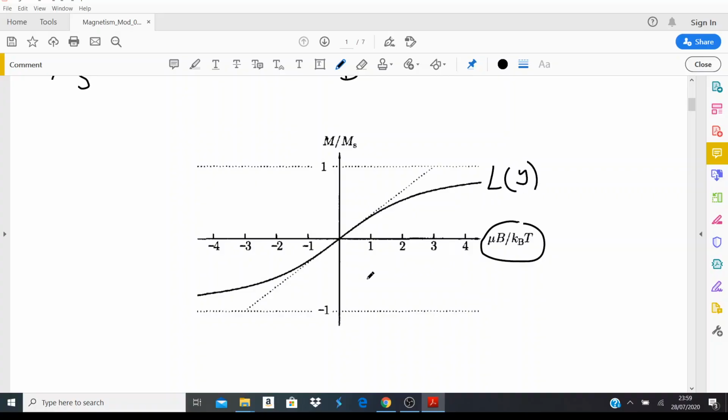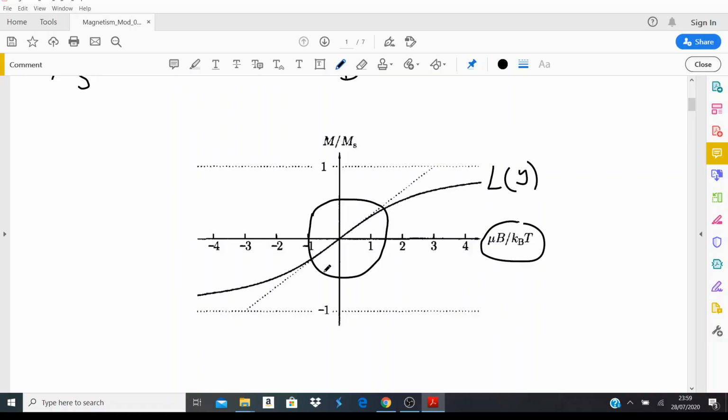Now you can see that in some region here, the Langevin function and the linear one are the same, right? So in this region, can you see that this quantity is small, right? And this y, when small, the B has to be small. So this is a low field limit, right? When a low magnetic field is applied, you can see the Langevin function can be approximated by a linear function.